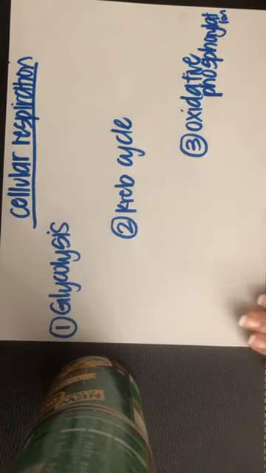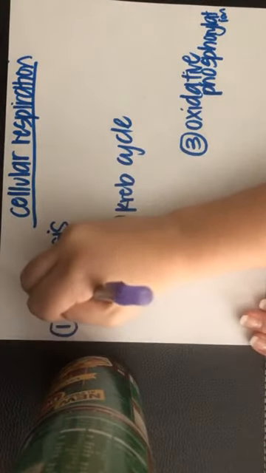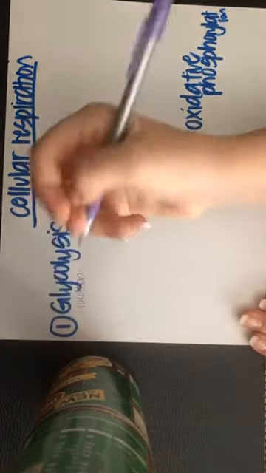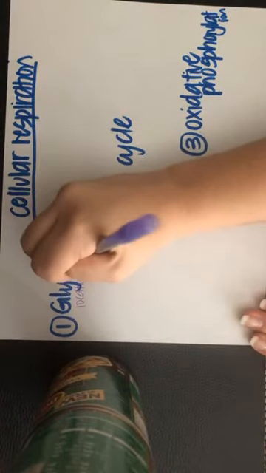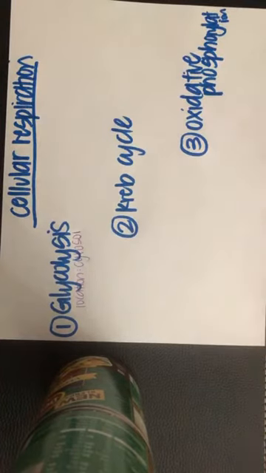With glycolysis, it's important that we understand where these take place. Glycolysis takes place in the cytosol. That means that all organisms are able to go through glycolysis, because this is a very simple step taking place in the cytosol, and all organisms, whether prokaryote or eukaryote, have a cytosol.